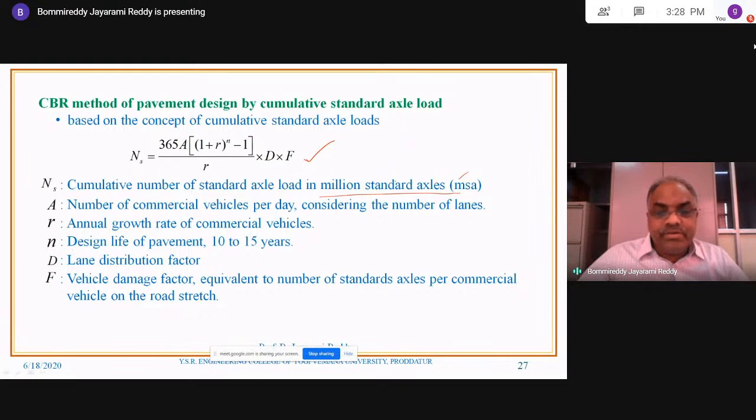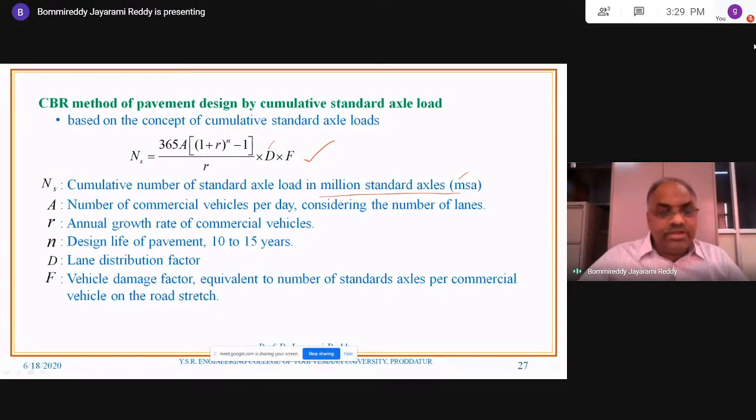A is the number of commercial vehicles per day considering the number of lanes, and r is the annual rate of growth of commercial vehicles. N is the design life of the pavement. D is called the lane distribution factor. If the lane distribution factor is not given, take it as 1. If it is given, it is to be used appropriately.